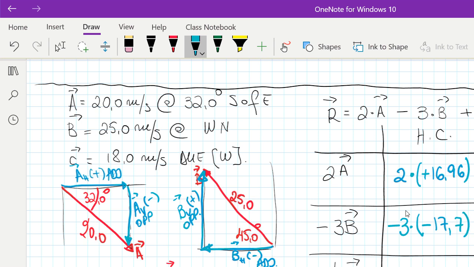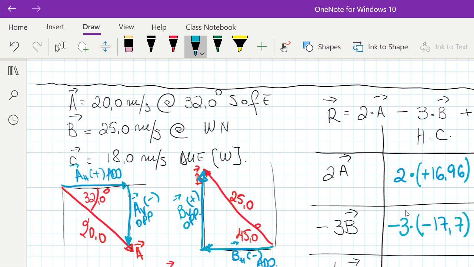And the vertical component will be the opposite of 45, which is sine, but sine and cosine of 45 are the same. So negative 3, that the formula dictates you, and then positive 17.7, that the position of the vector dictates you.